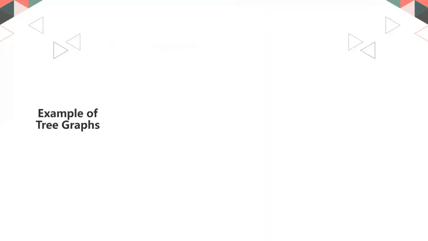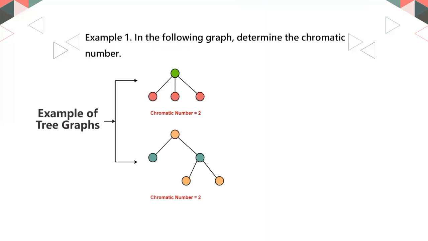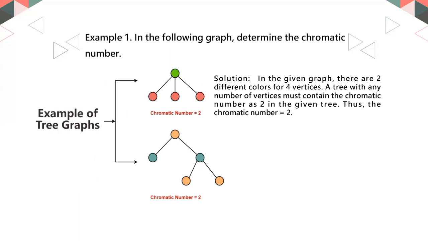Examples of tree graphs. So this is tree graph example 1, tree graph example 2. For the first graph, in the given graph, there are two different colors for four vertices, green and maroon. So 1, 2, 3, 4. Four vertices, but two colors only.